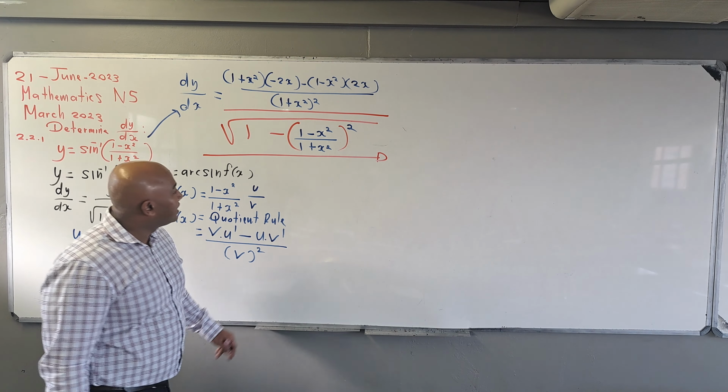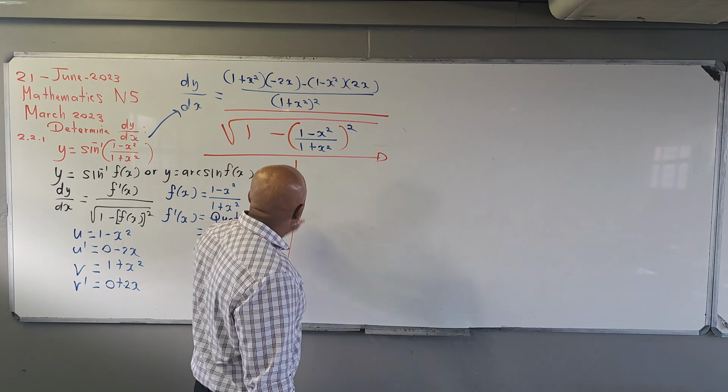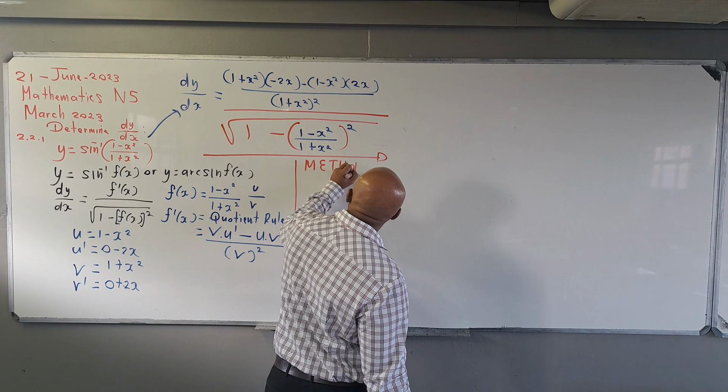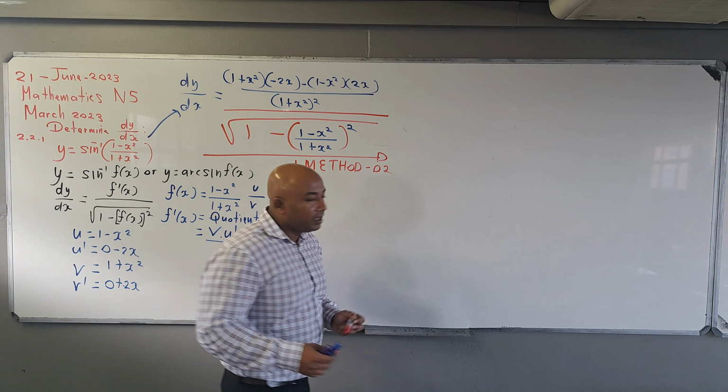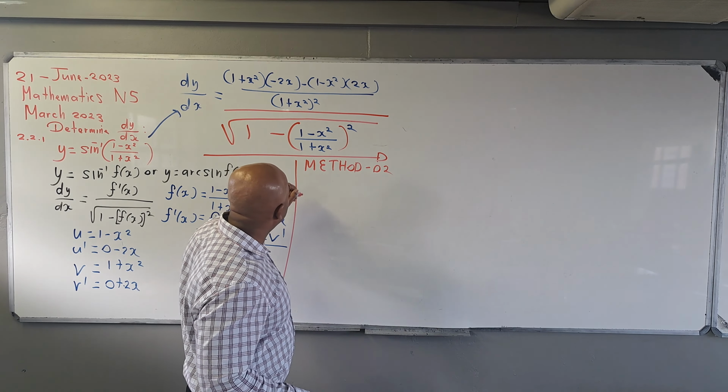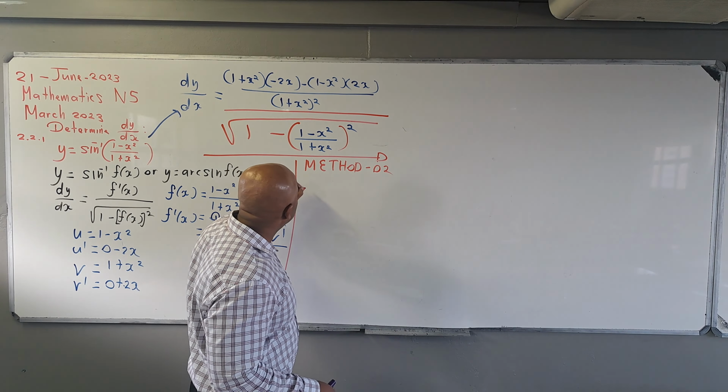Okay, let's have a look at a different way of doing this here. Method number 2. So let's take the problem again. We have y is equal to inverse sine of 1 minus x squared all over 1 plus x squared.